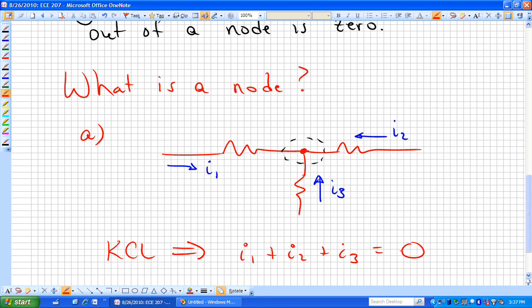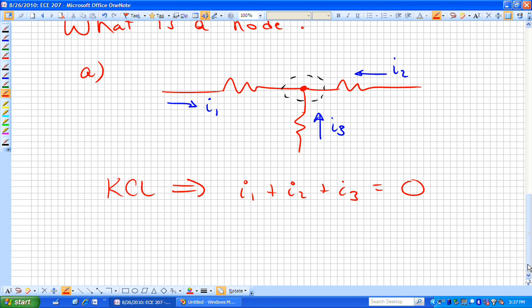Which means that maybe one of those currents actually might be negative, but that doesn't matter. The signs will take care of themselves as long as we live with the definitions that we've defined. In this case, I've maybe arbitrarily selected all of those currents to be flowing towards that node.